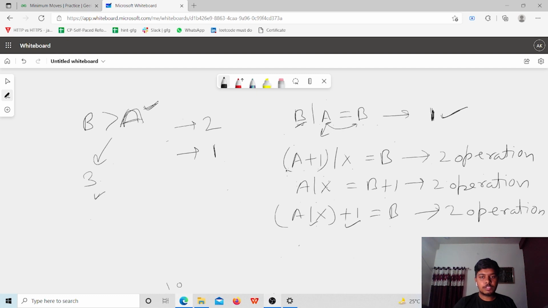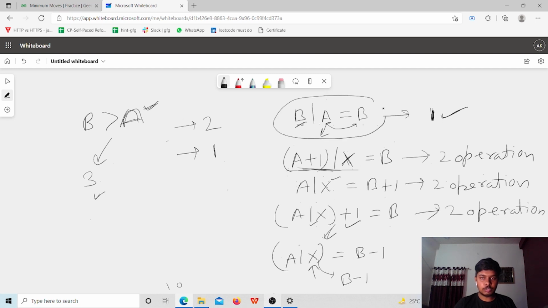So how can we check whether this can be done or not? We can check this by taking X as equal to B in this case and X as equal to B plus 1 in this case, and we can modify this equation as A OR X equal to B minus 1, right? So we will take X as B minus 1 in this case. You can think more deeply about why we are taking X as B and X as B plus 1.